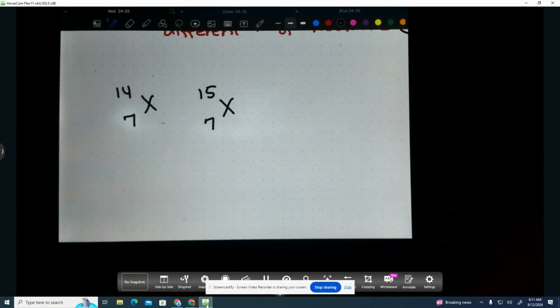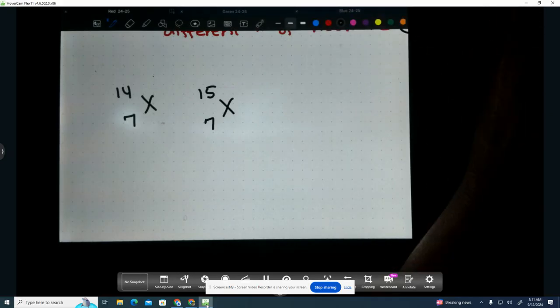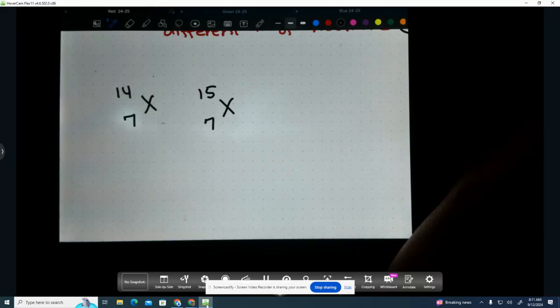What element is this, Mia? You have a reference table? Okay. Open up that periodic table and tell me what element this is. Hold on a second. Let her look. Perfect.